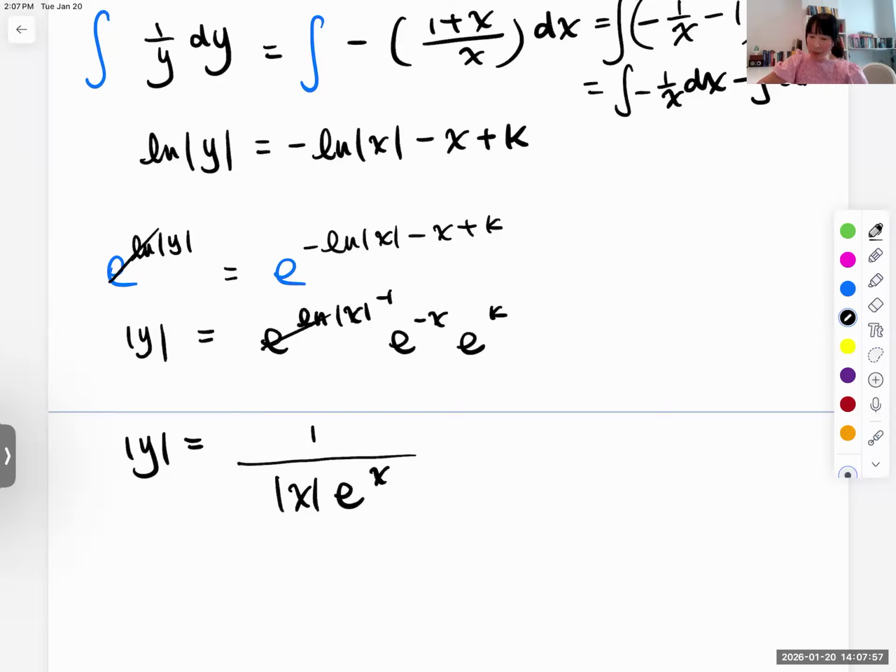And then let's make e to the k a c, right? We did that earlier. Let c equal e to the k power.